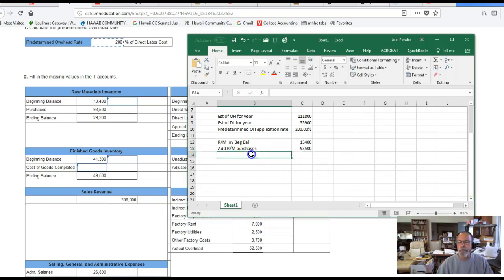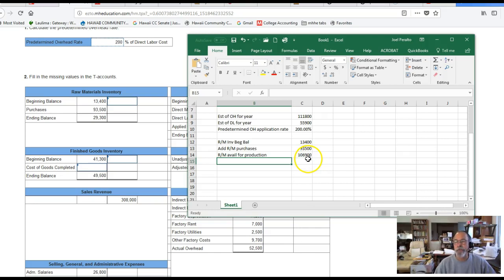And so if we added these two amounts together here, 106.9, what would be a good description of this calculated total, 106.9? Well, what it is would be raw materials available for production. Raw materials available for production, 106.9 is what we had plus what we bought.